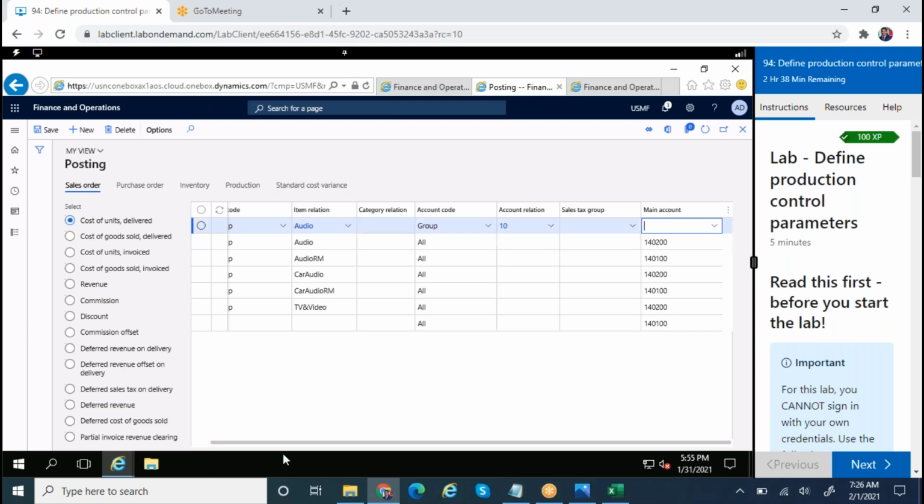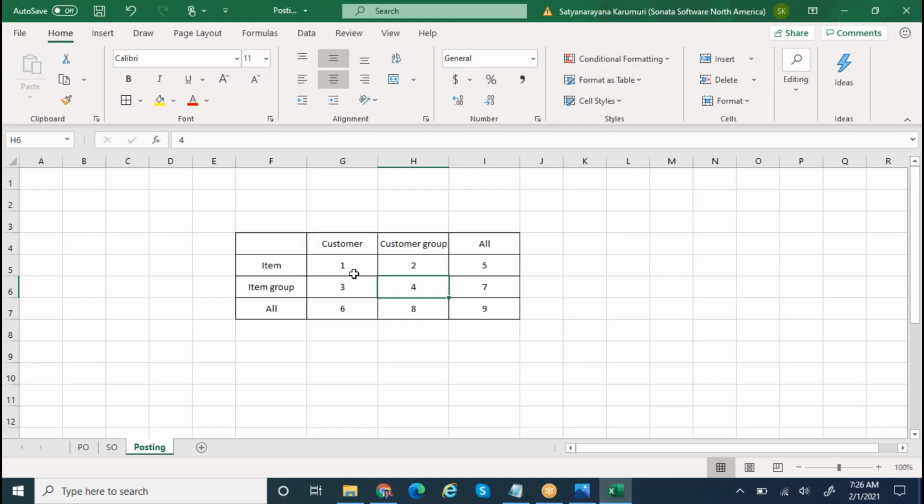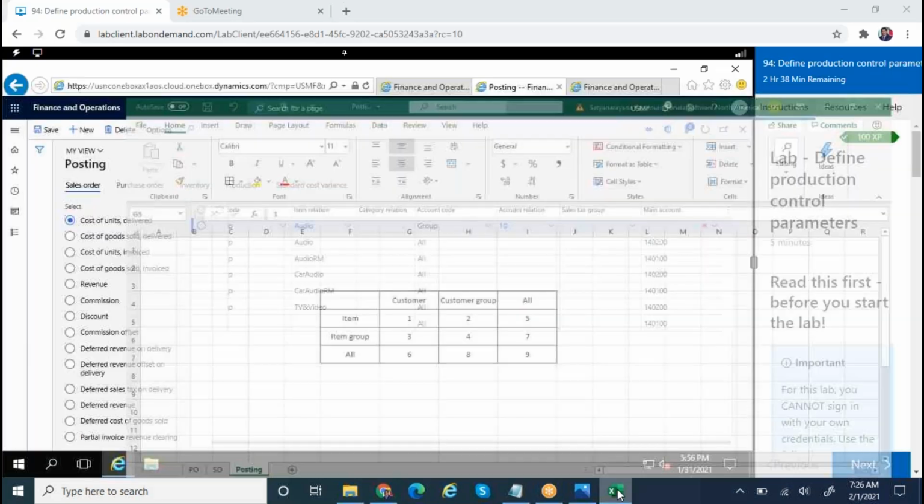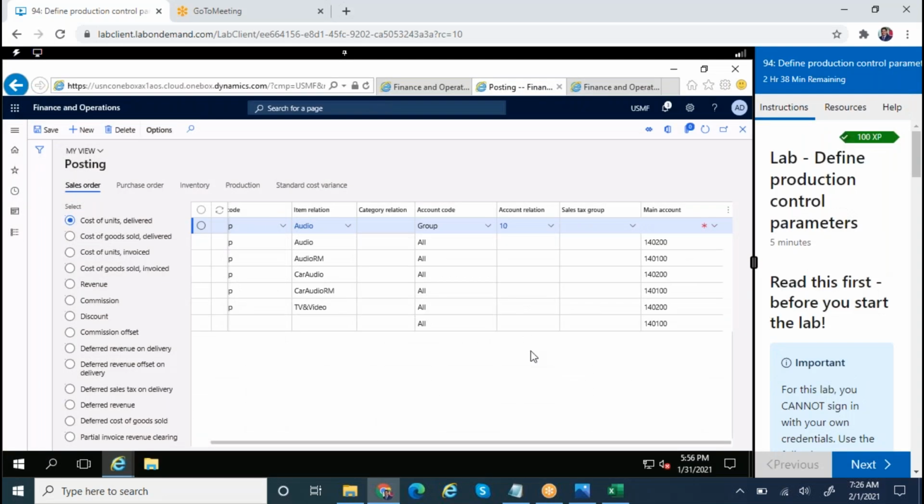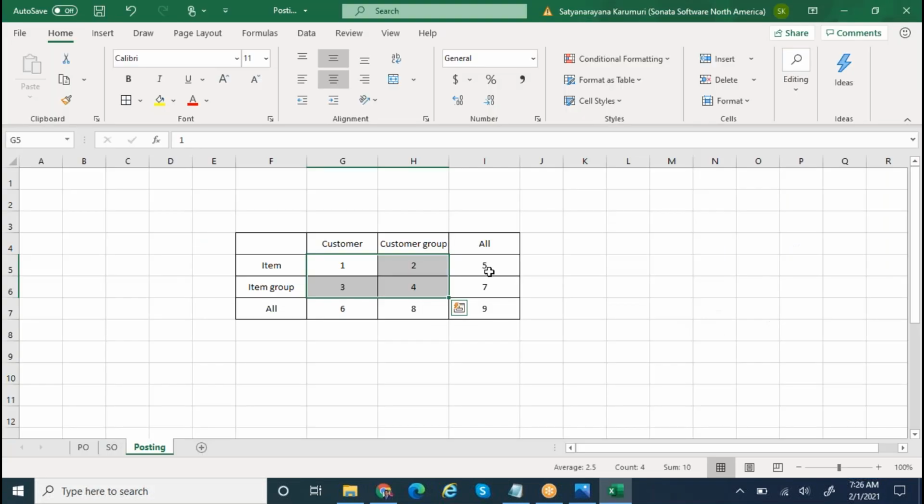Getting my point, first 4 points, at least leave it remaining. This combination, is it clear? Clear. So next, fifth one is for all customers.